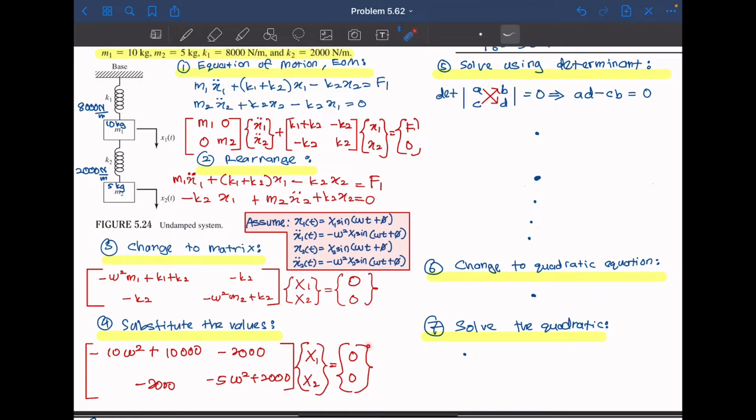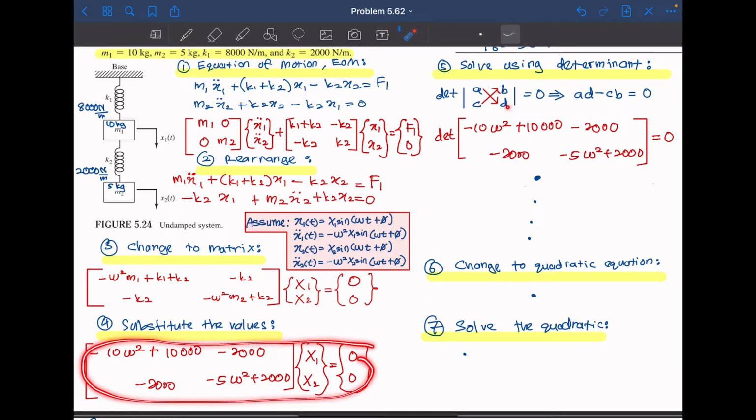So now, as always, once you get this, solve using the determinant. As you can see over here, I've already written down the formula for the determinant. You can use that, and you'll get this. I just change this in terms of determinant equals 0.